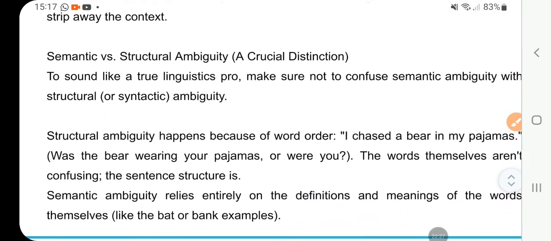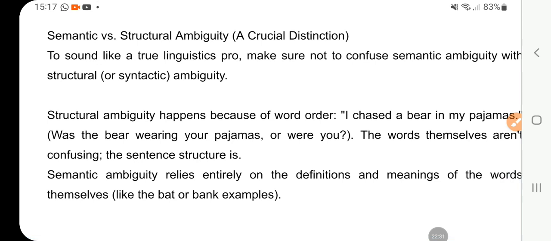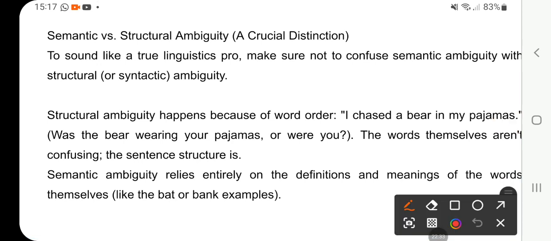Now semantic versus structural ambiguity. Semantic is meaning, structural is construction, structure, right? So this distinction is very important. To sound like a true linguistics pro, make sure not to confuse semantic ambiguity with structural or syntactic.